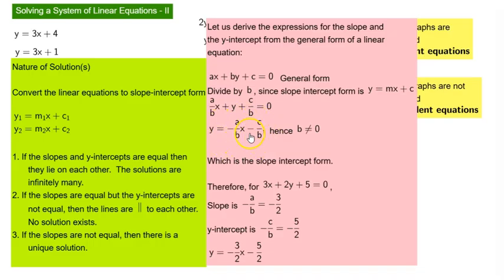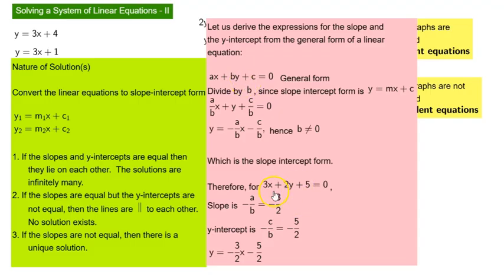So the moment we look at the general form of an equation, immediately you know that the slope is going to be minus a by b and the y-intercept is going to be minus c by b.